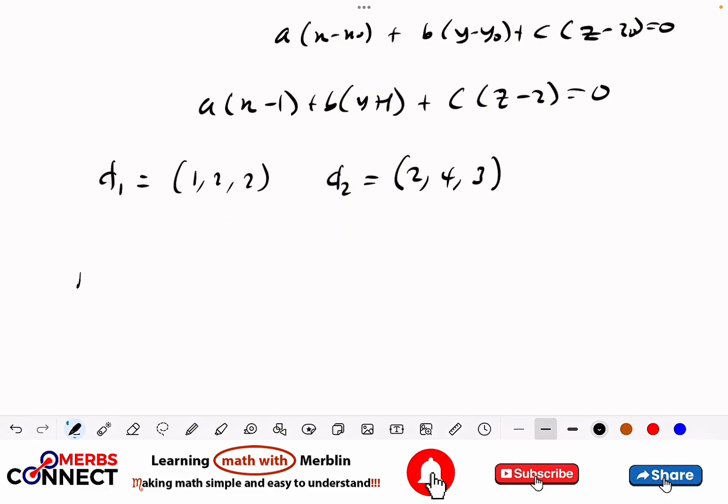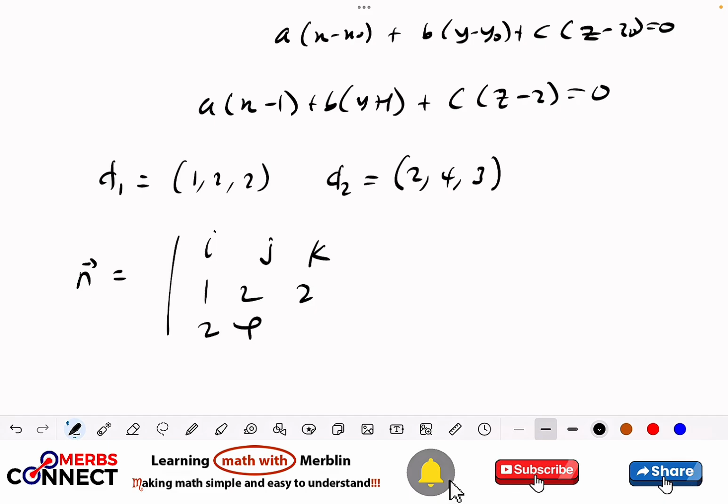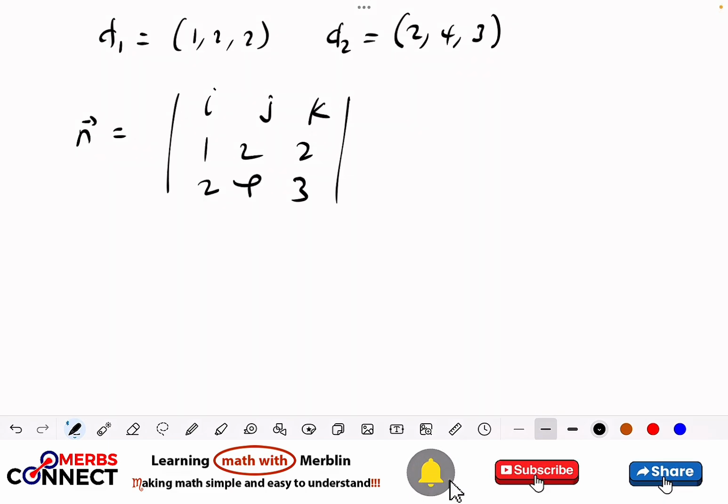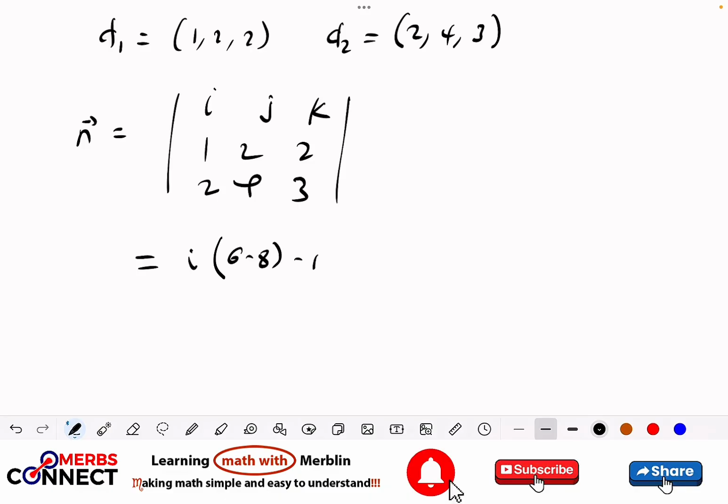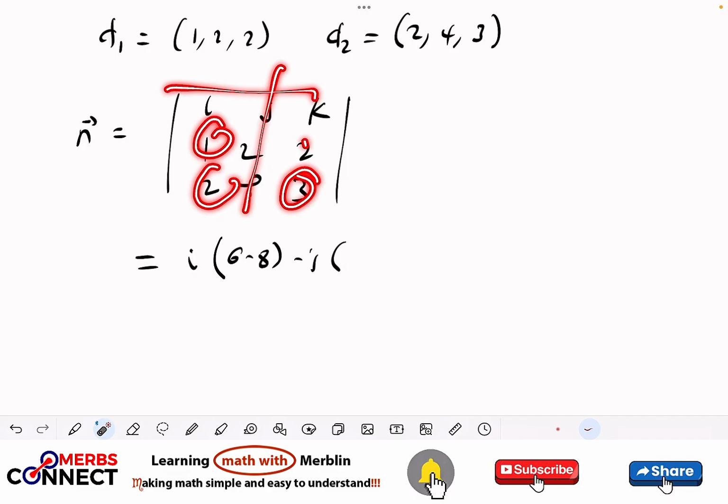So I need to find the normal vector so that I can get A, B, C. So this is I, J, K. I have 1, 2, 2, 2, 4, 3. So now let's try and cross it and see what we are going to get. I, cancel this and this. 6 minus 8. Minus J, cancel this and this. 3 minus 4.